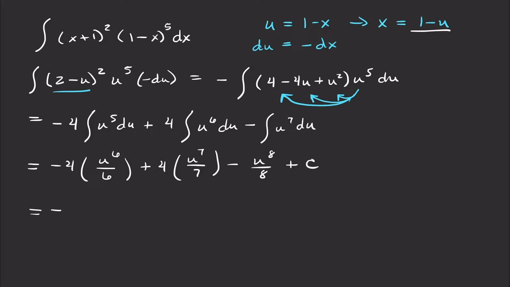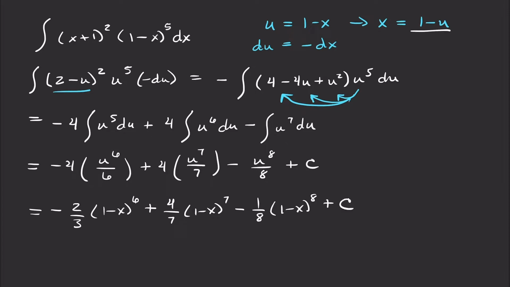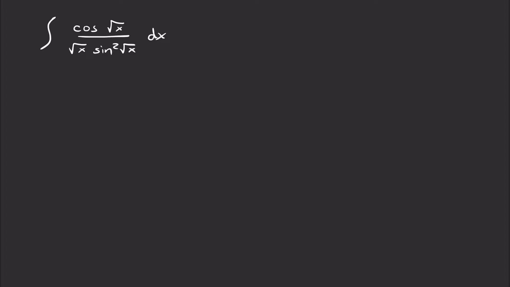So we get our minus sign, 4 over 6 becomes 2/3, and our u will be 1 minus x to the 6th plus 4 over 7, 1 minus x to the 7th, minus 1 over 8, 1 minus x to the 8th, plus c.